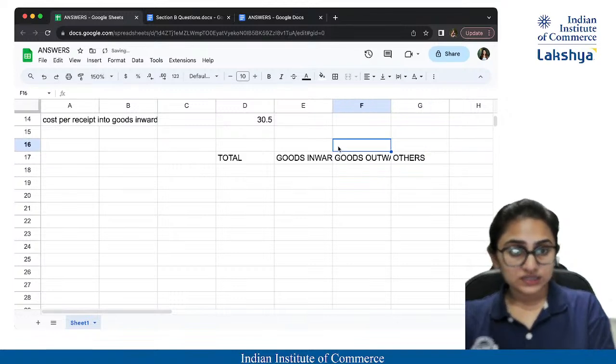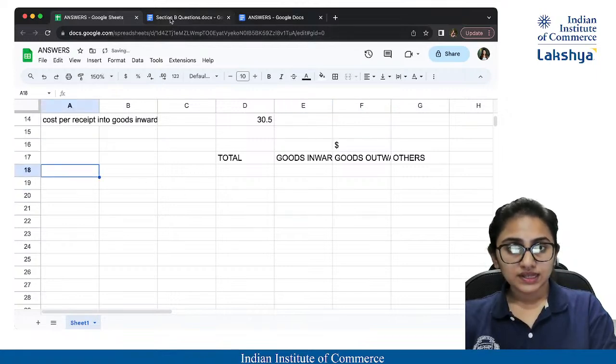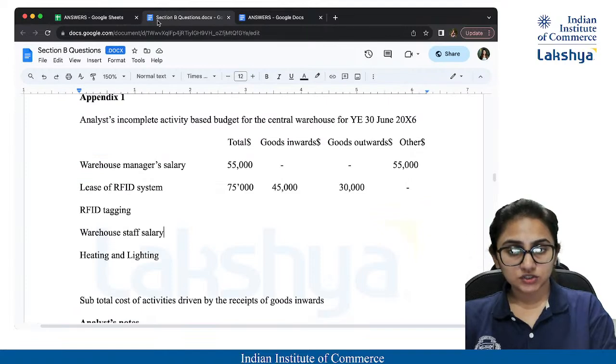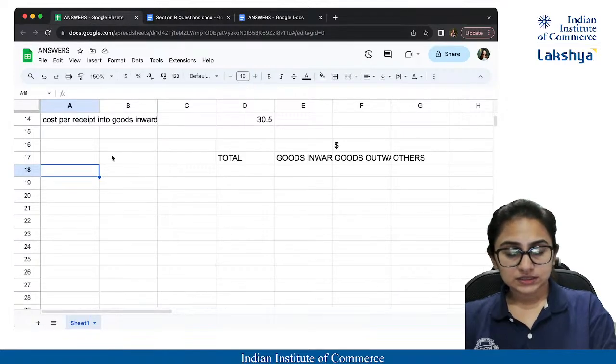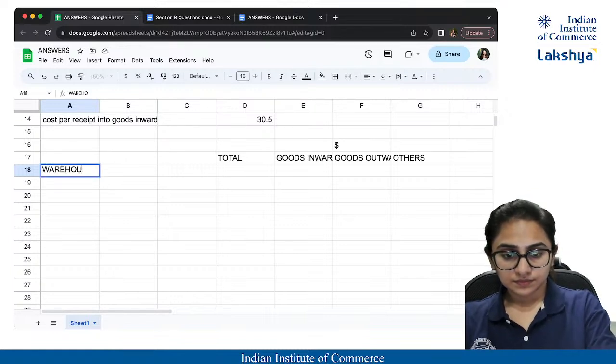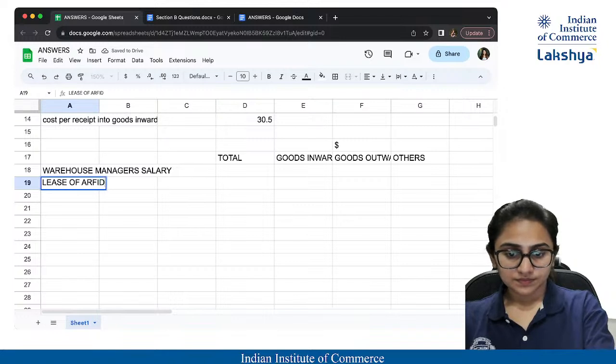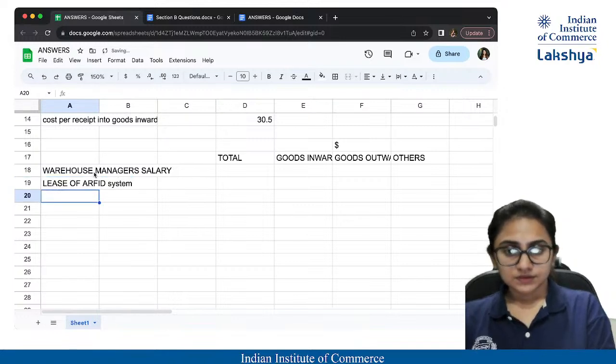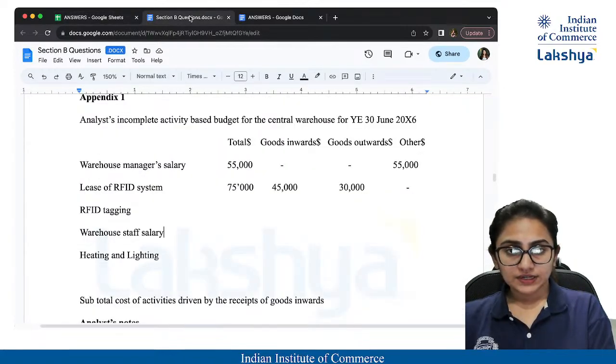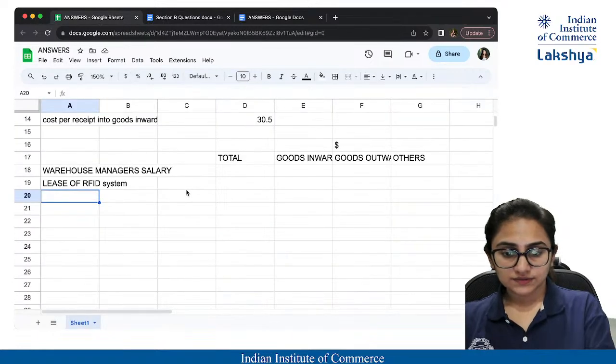And all of these are in dollars. And this also, as it is, you have to copy: warehouse manager's salary, lease of RFID system, RFID tagging, warehouse staff salary.